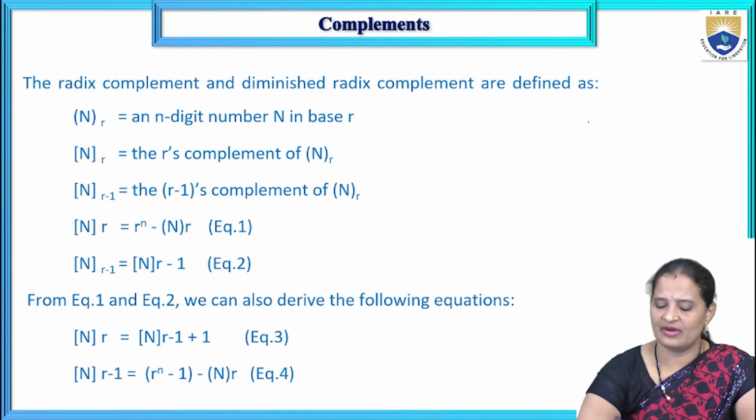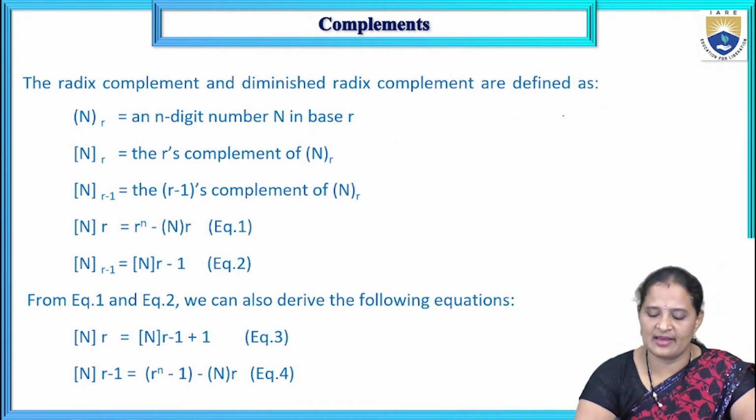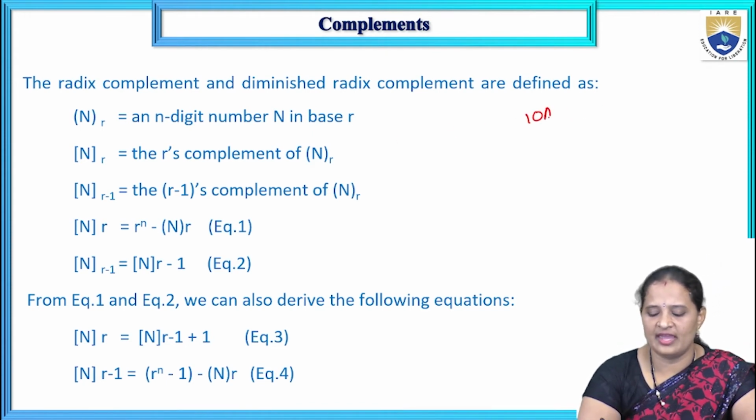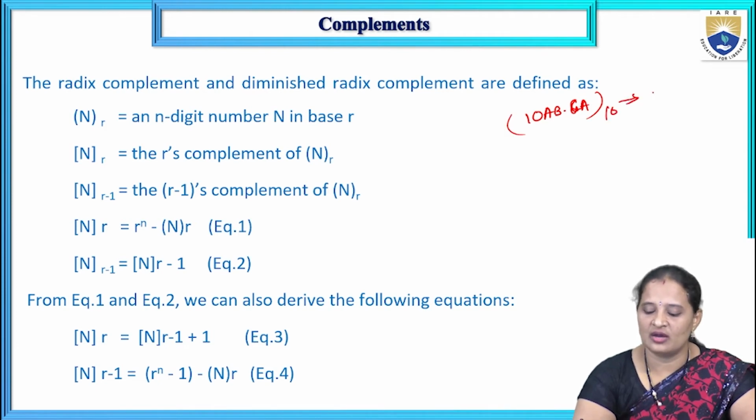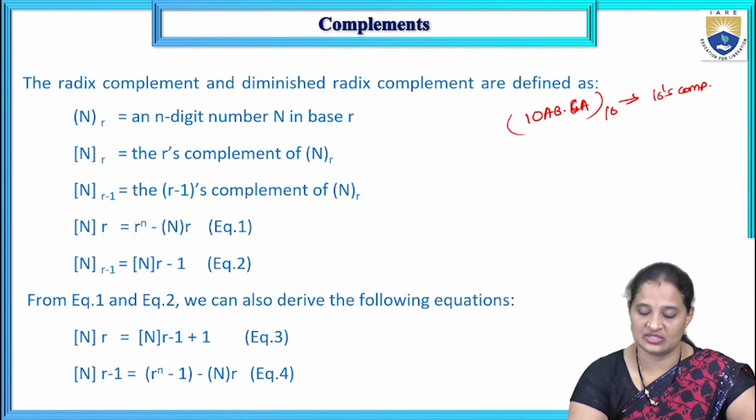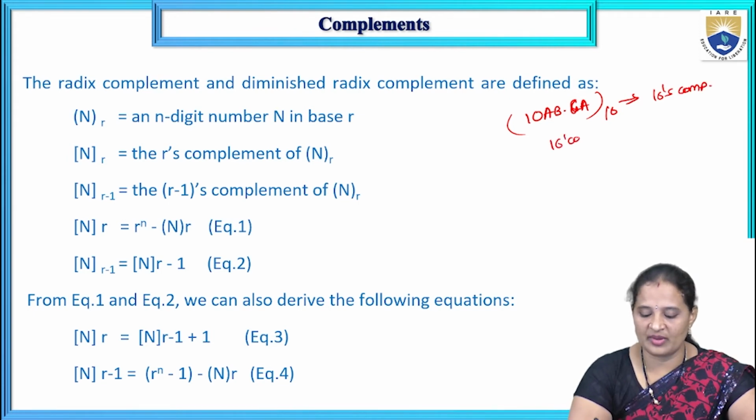Similarly, if I have a number like this, for example, I have 10AB.CA. This is my hexadecimal number. Now I want to find the 16's complement. How to find the 16's complement? 16's complement is equal to 15's complement plus 1.